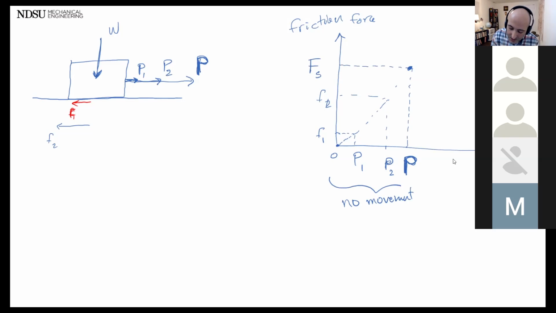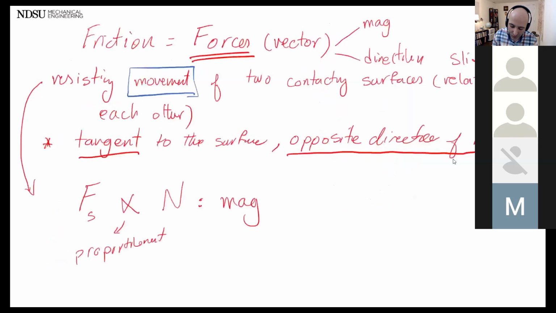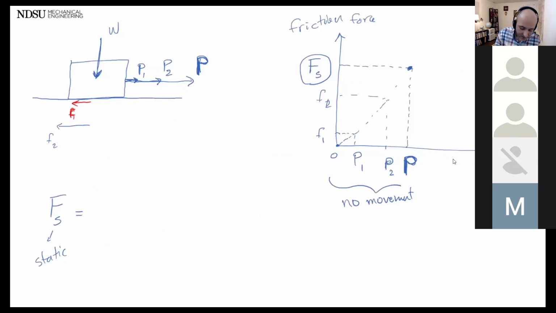This point is where we take as static friction, that S referring to static. And remember I said the magnitude is proportional to the normal force. In this case, that proportion becomes an equality with the mu s, which is coefficient of static friction.